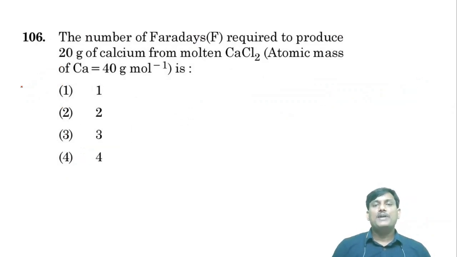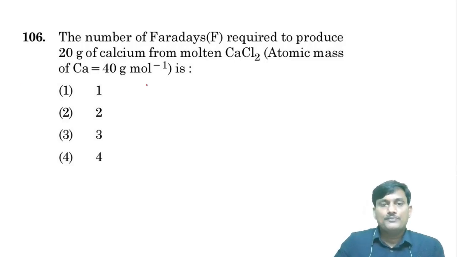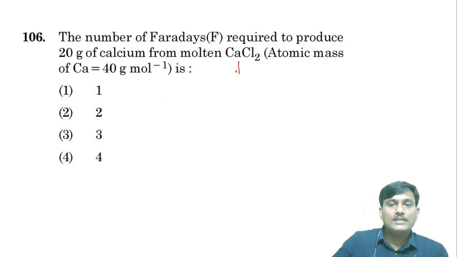The number of Faraday required to produce 20 gram of calcium from molten CaCl2, atomic mass of calcium is given as 40 gram per mole. Molten CaCl2 dissociates into Ca2+ and 2Cl minus.